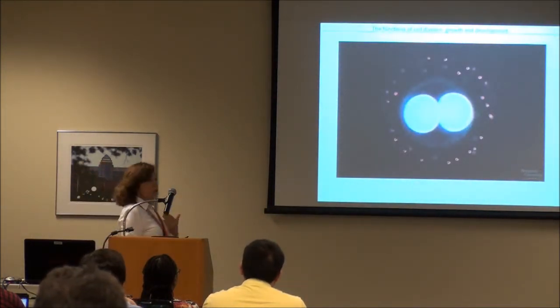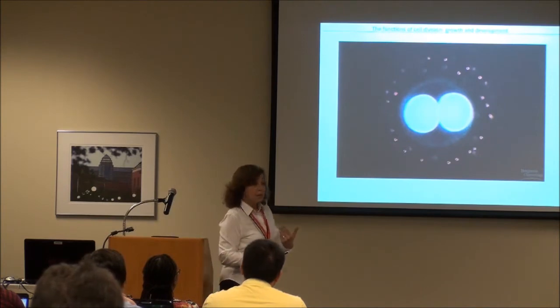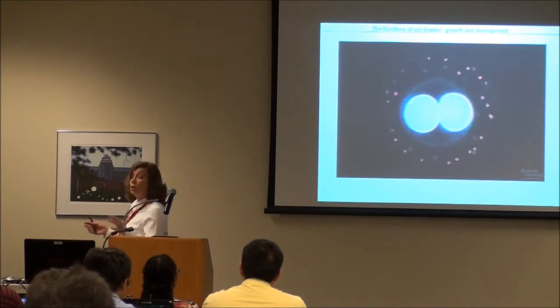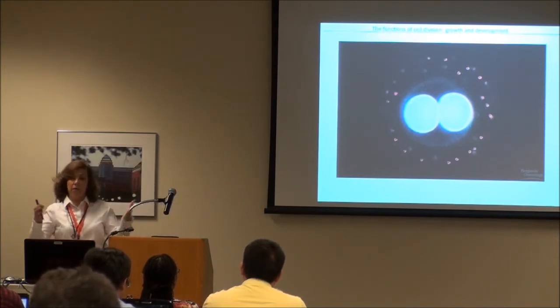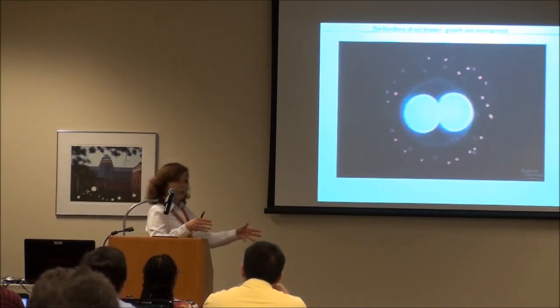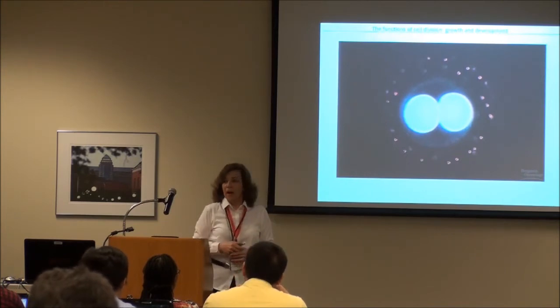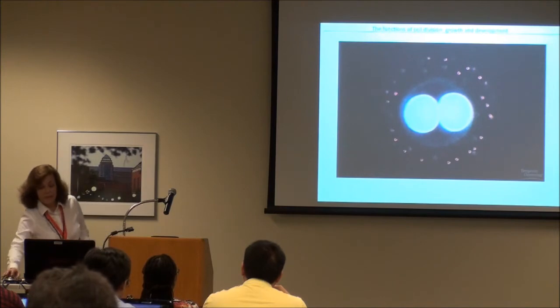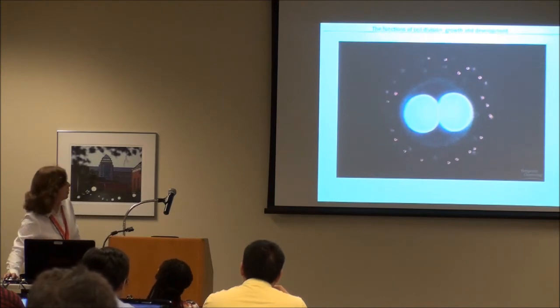But in multicellular organisms like us, cell division is important for growth and development. You all know that we start from one cell, and when the cells start dividing quickly, we grow and differentiate and develop into a full grown organism.